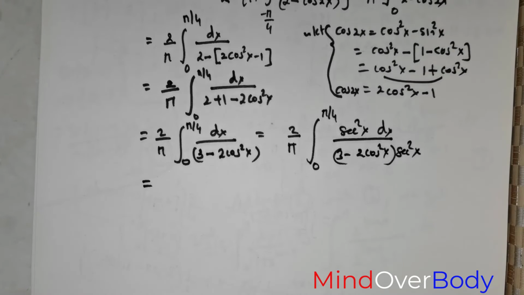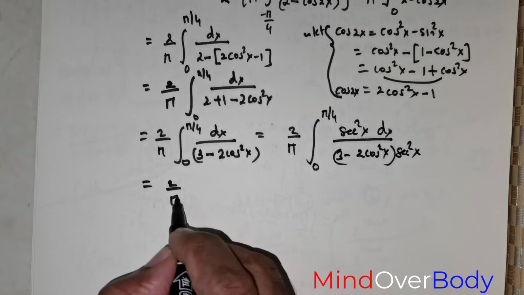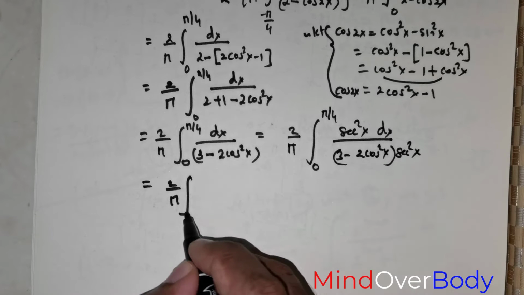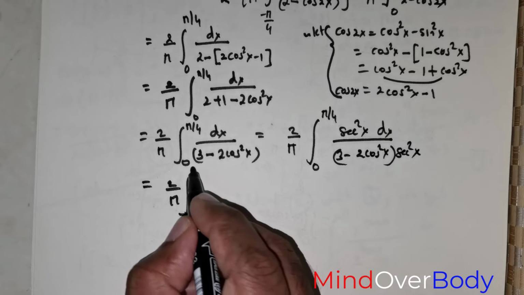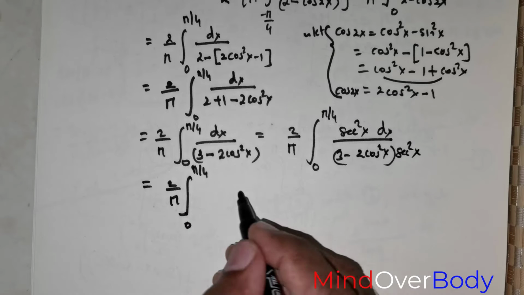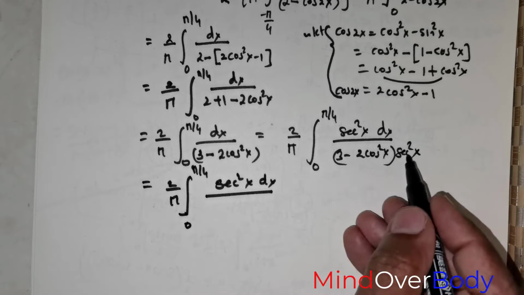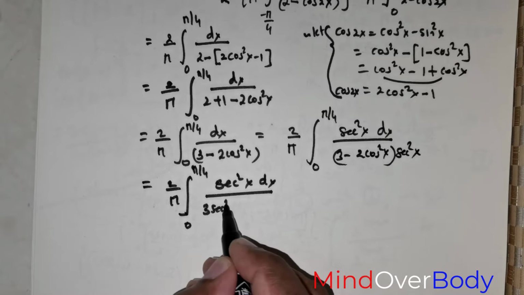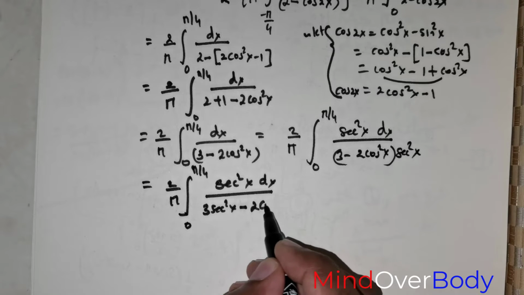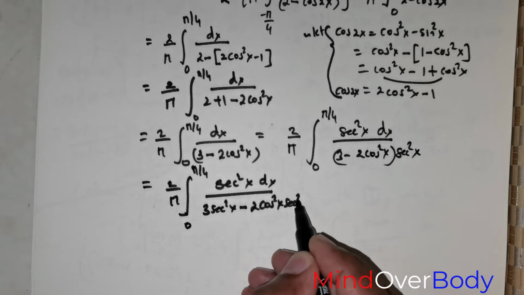I will distribute secant squared x in the denominator. So this is 2 over pi, the integral from 0 to pi over 4 of secant squared x dx divided by 3 times secant squared x, minus 2 times cos squared x times secant squared x.